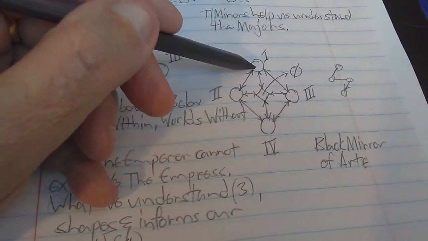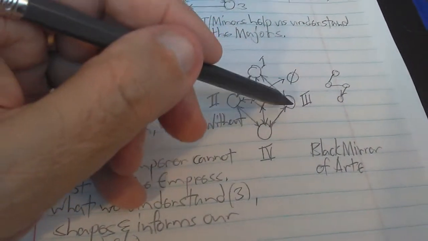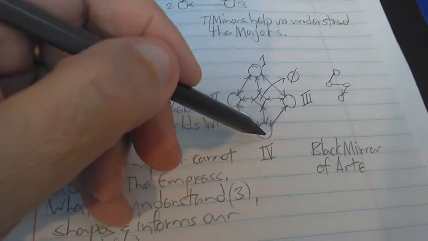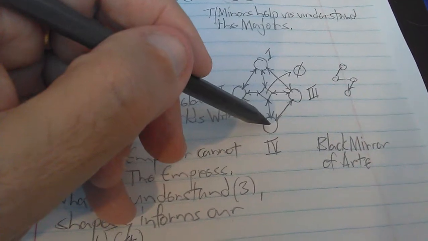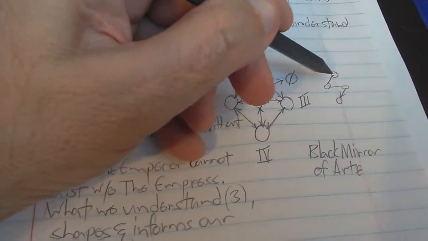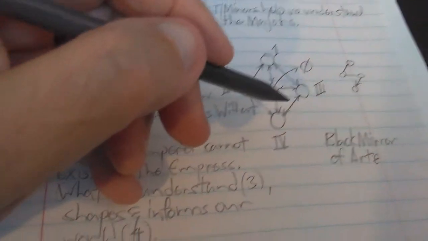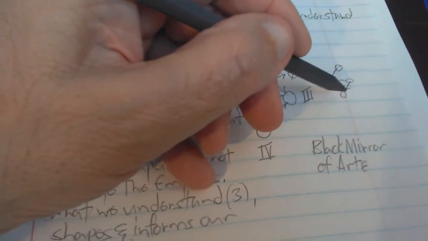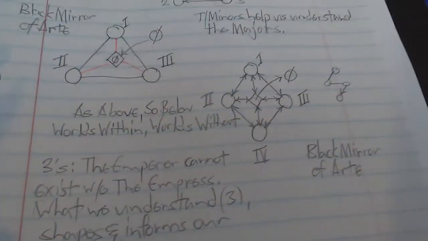We have the magician, the high priestess, the empress, and then the emperor, who is the below of the above. And indeed, we can see once more the lightning pattern, the path of lightning, or if we take it the other way, the path of the serpent from the beginning to the top.